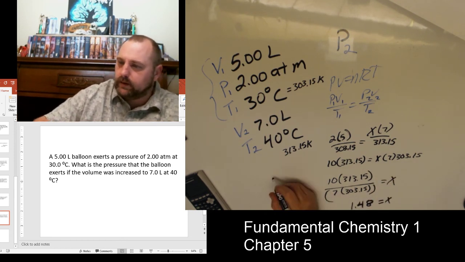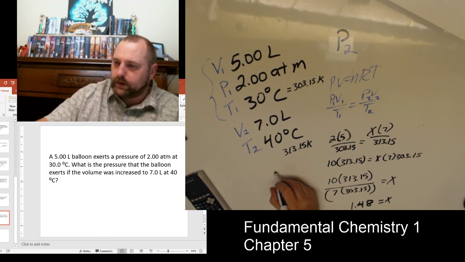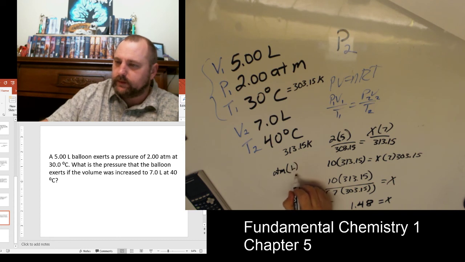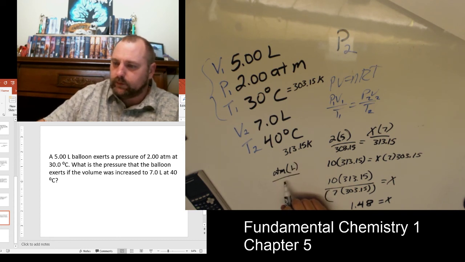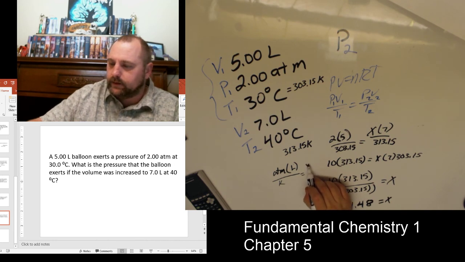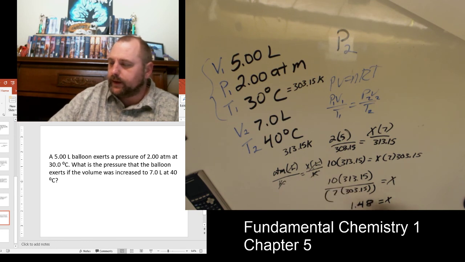Let's double check my units. P1 was atm, volume 1 was liters, T1 was Kelvin. On this side, our X, we had liters, and we had Kelvin. So Kelvins are going to cancel out, liters are going to cancel out. I'll get atm.